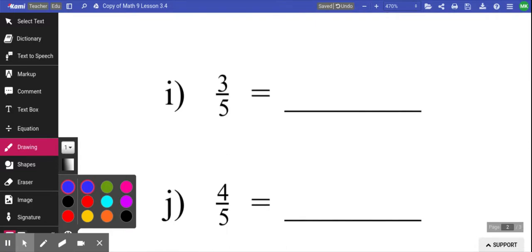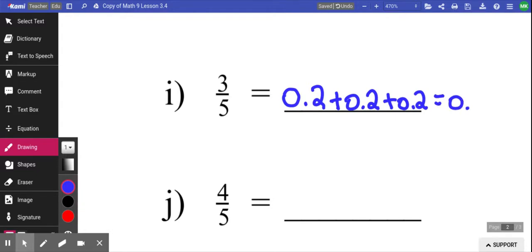Three-fifths: 3/5 is the same thing as saying 0.2 plus 0.2 plus 0.2, or 1/5 plus a second fifth plus a third fifth, which is 0.6.